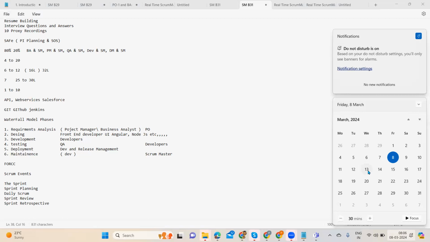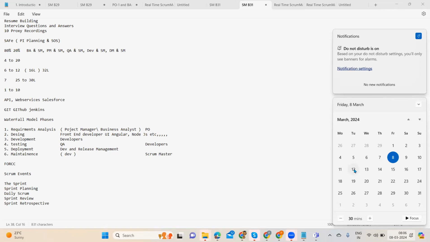So we are supposed to have the sprint planning meeting on the 13th. But we're not having it on the 13th, we'll have it on the 12th night. Why? Because most of the projects will be working for US, UK. If I have it on the 13th, 70% of the day will get wasted. So we'll have it on Tuesday night.